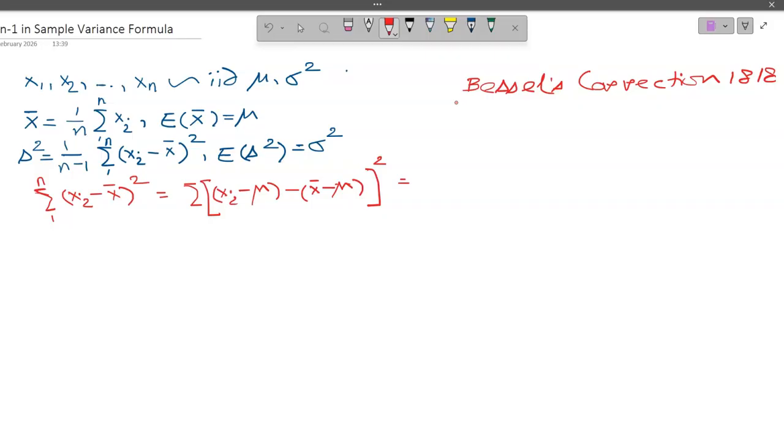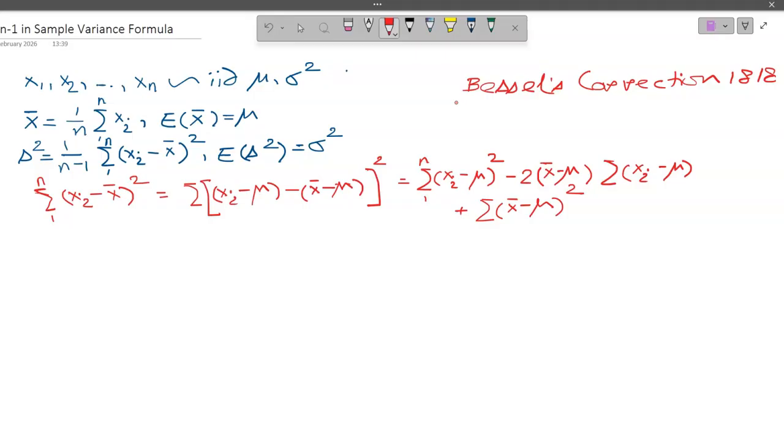Then this becomes summation (Xi minus mu) whole square, 1 to n, minus the 2ab term. We take out (X bar minus mu) outside the summation, plus what remains is summation (X bar minus mu) whole square.